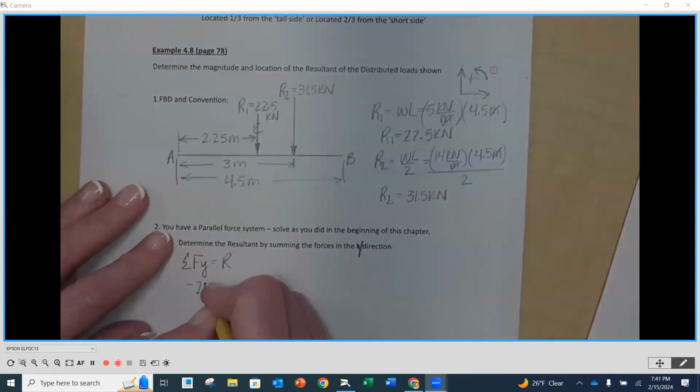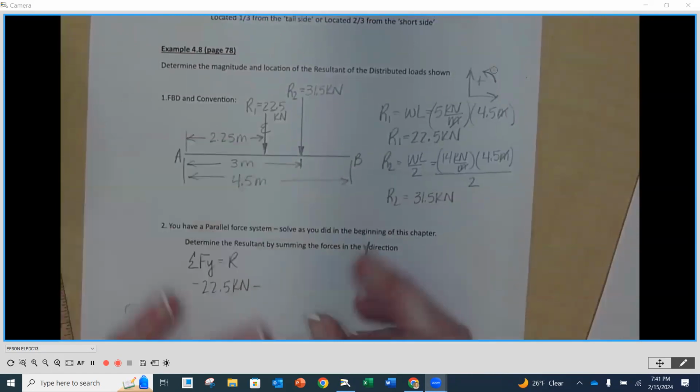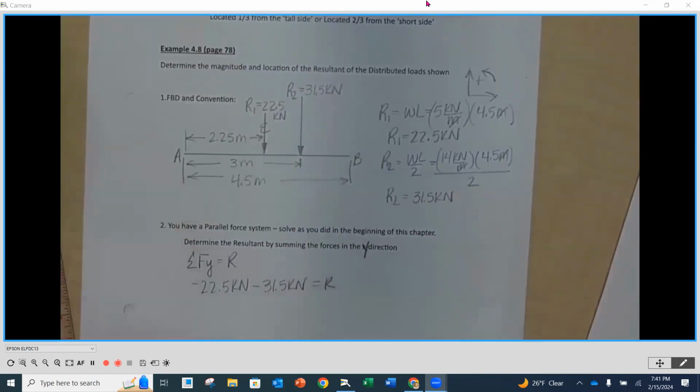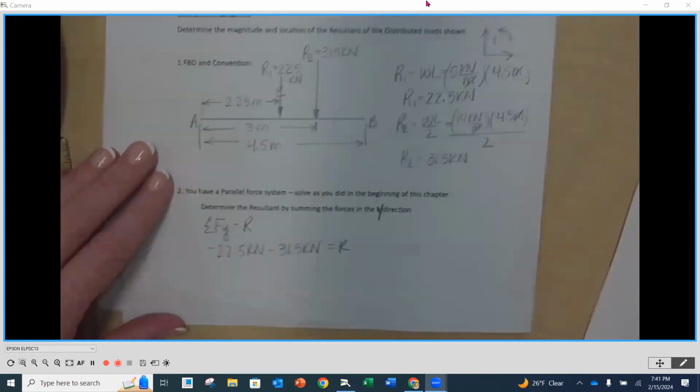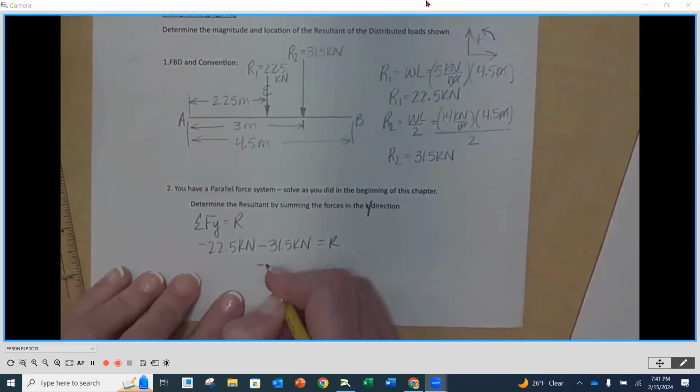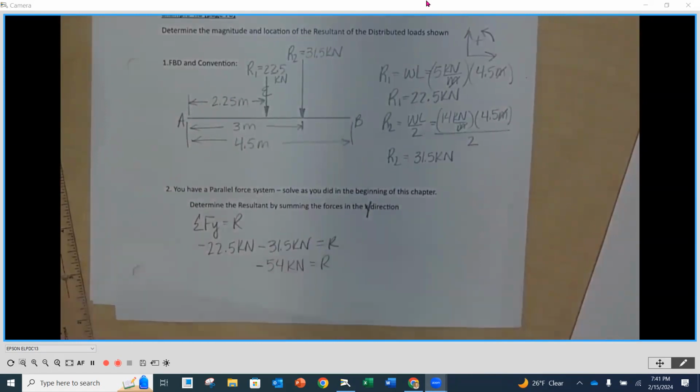So we've got a negative 22.5 kilonewtons, a negative 31.5 kilonewtons, and equal to R. So my number is going to be negative 54. Is that right? 1, 2, 3, 4, 5, yeah. 53.75.